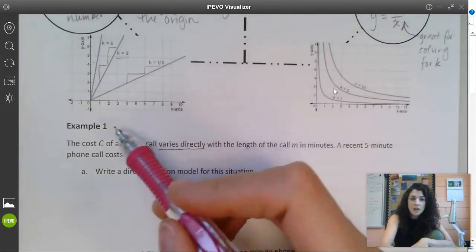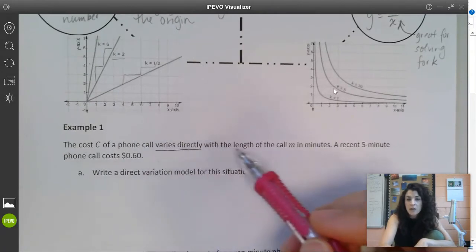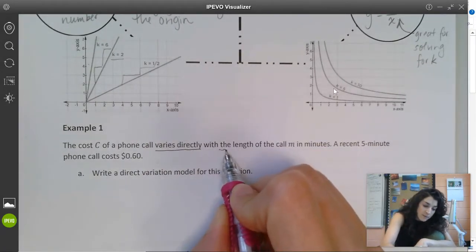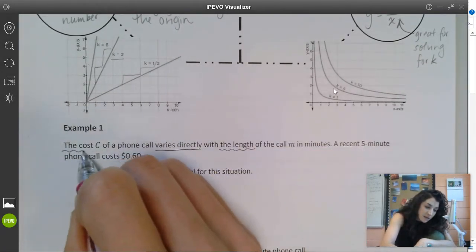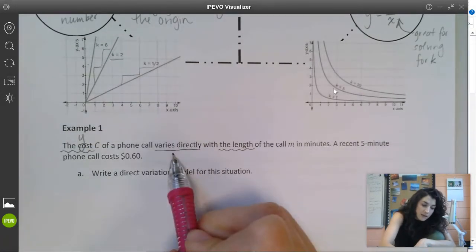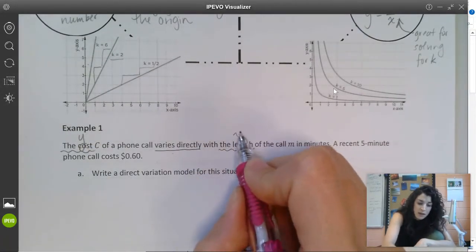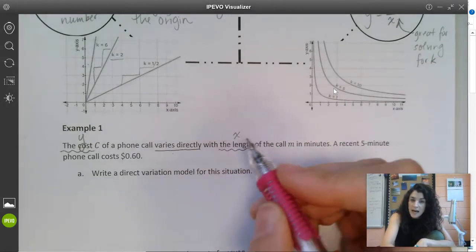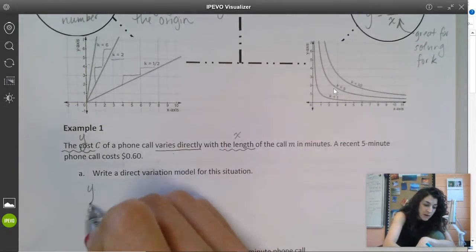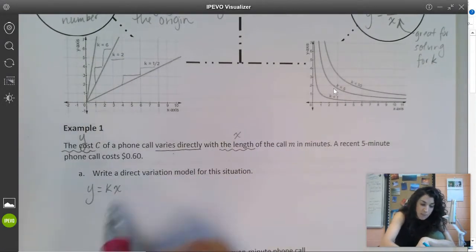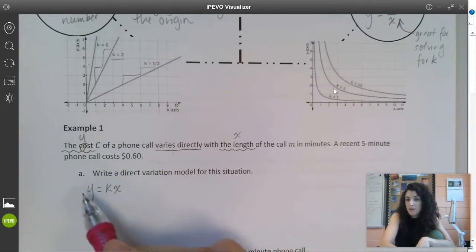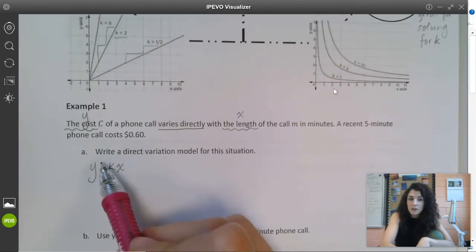So if I said the cost varies directly with the length, y varies directly with x. That tells you I'm varying directly, so first I'm going to write out my direct variation formula.